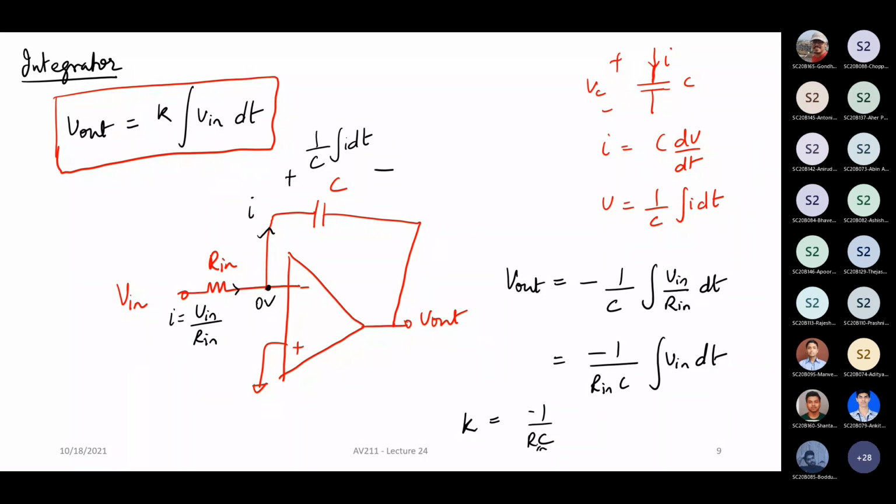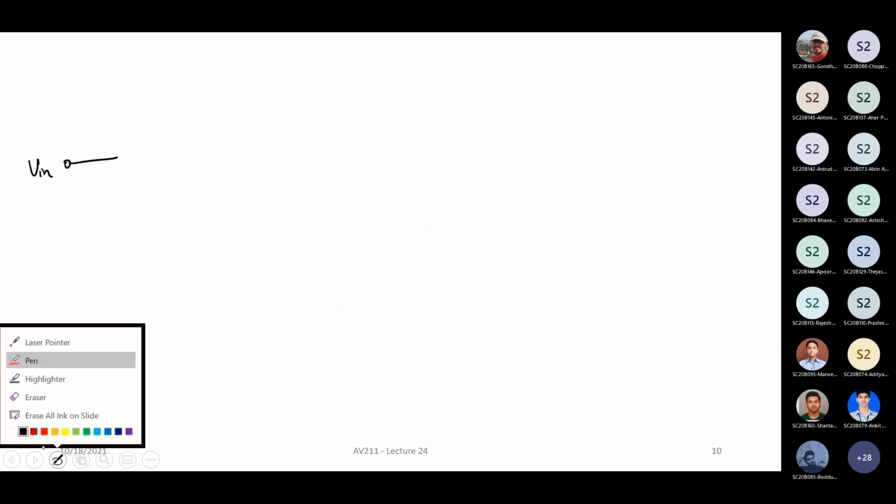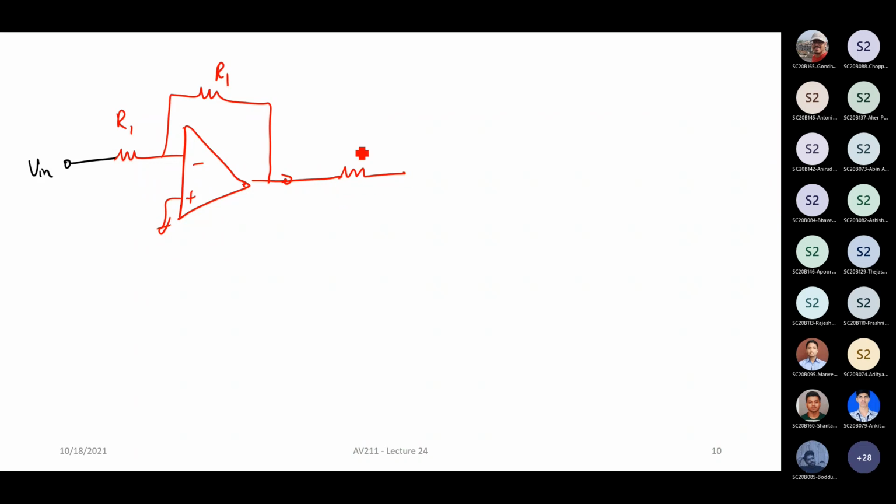For example, if you want plus 1 by R in C and you only have, let's say, V in available, you can put R1 and R1 here, and feed this to R2 and a capacitor like this.